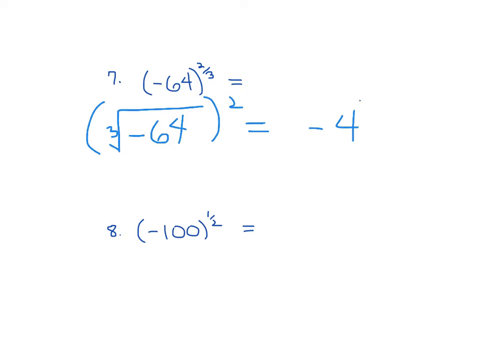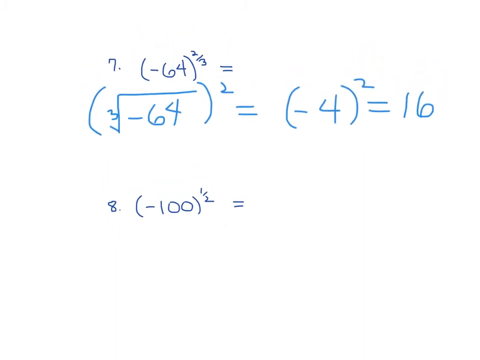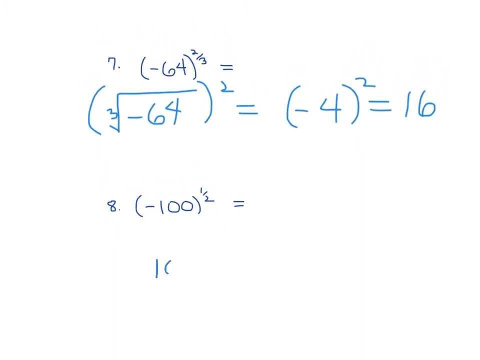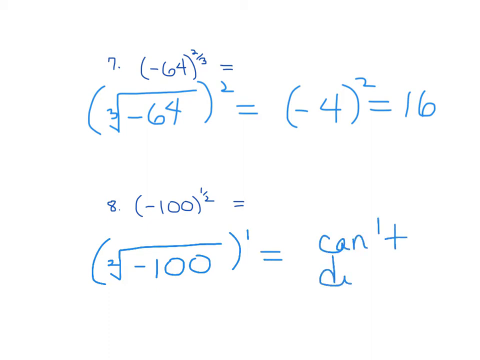Then I'm going to square that answer, giving me positive 16. For number 8, I'm going to try and take the negative 100 and square root that. I cannot square root a negative number, so you're going to write can't do it.